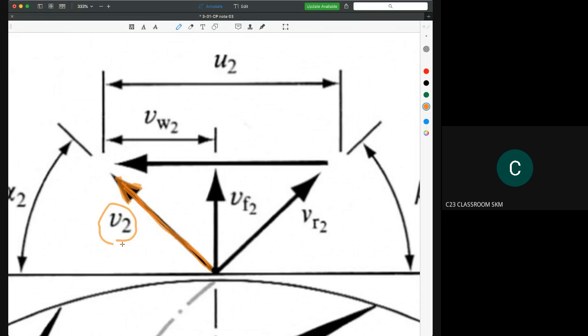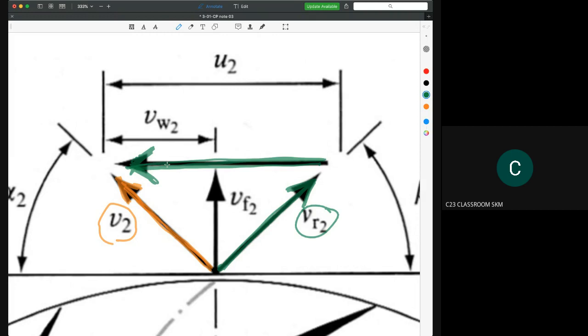All the components here must reflect the resultant velocity. So we have the velocity that reflects the angle of the blade, which is R2 here, and then the velocity which reflects the rotation of the impeller. So this is the U2.